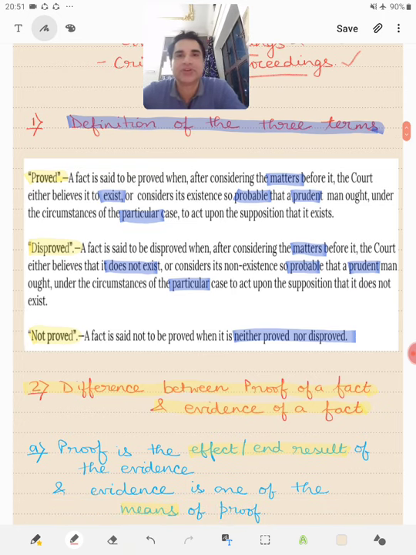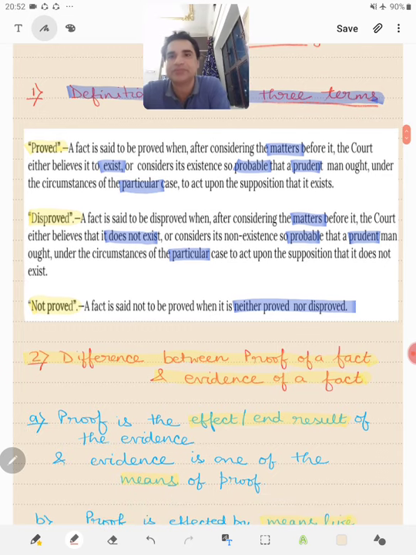First of all, we will analyze the three terms which are given as it is in the Bare Act.